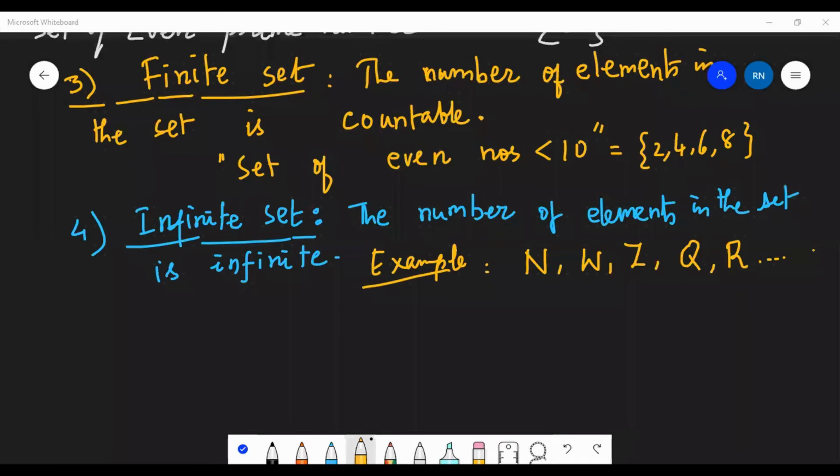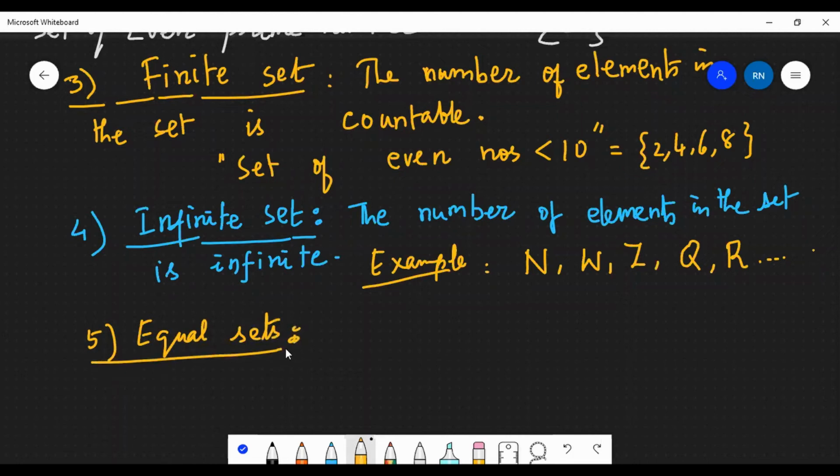Then comes equal sets. The next thing before opening up the exercise, equal sets.